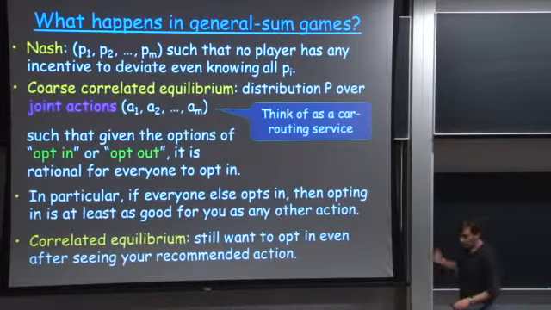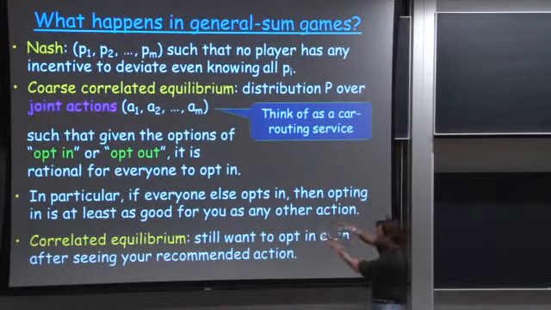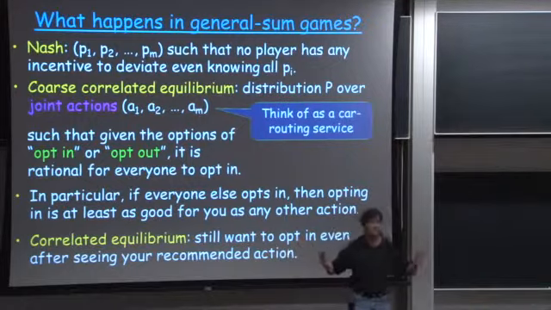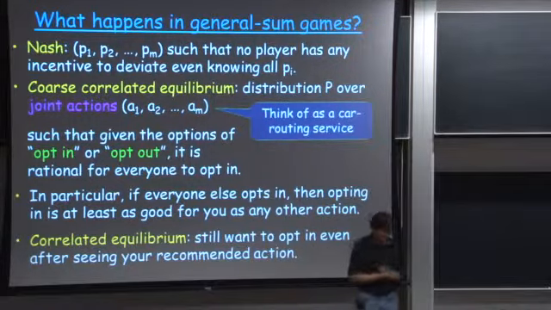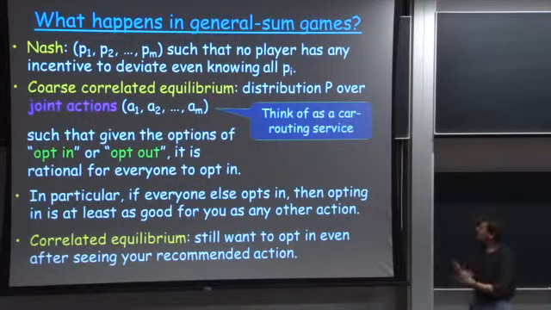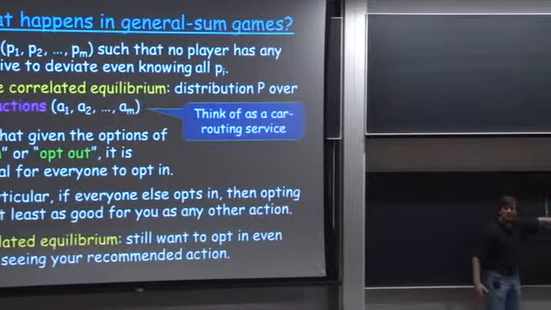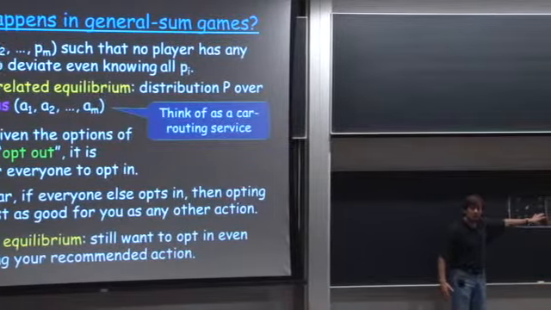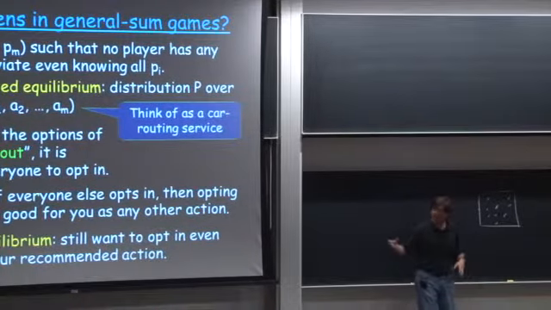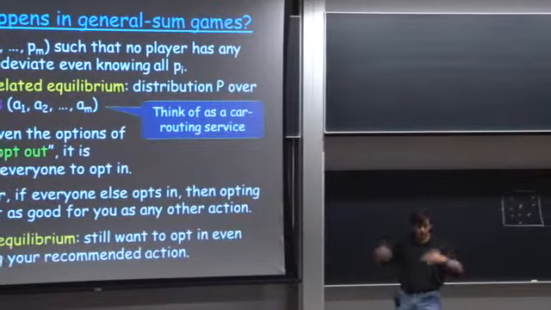I don't have a slide for it, but we can see that if everybody is minimizing regret, the time average, this empirical joint distribution, will be an approximate coarse correlated equilibrium. What do I mean by that? Think of us all minimizing regret.